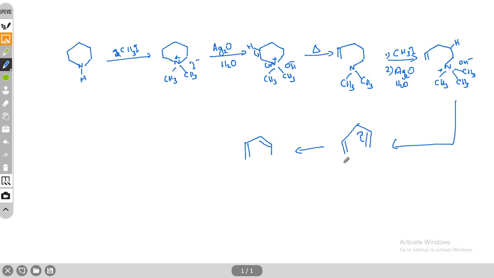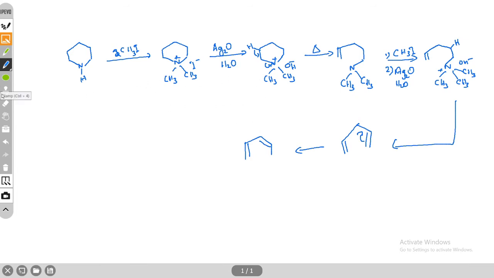So this is one of the disadvantages of Hofmann elimination. In order to avoid such rearrangement, after the first elimination, it is hydrogenated and then the reaction is continued. Anyway, one drawback is this kind of rearrangement.